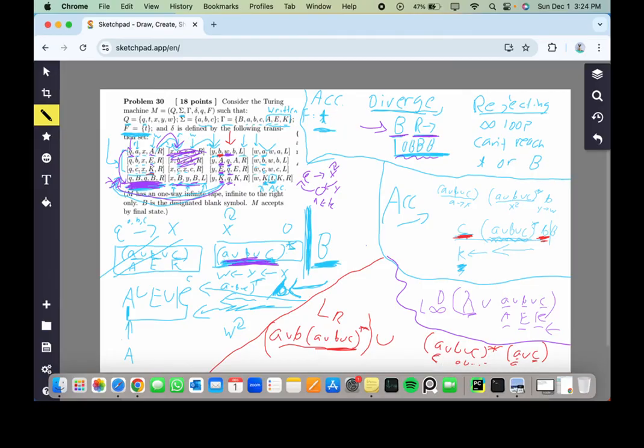Yeah, if this started with a C. Well, okay, if this started with a C, it really wouldn't matter because when I got up to this point here, there's an A or a C here. I have no way of getting to state W unless there is a B in the last position. So there could be a C here.